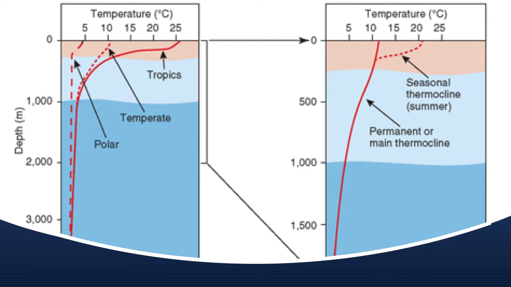Now, temperate zone in the left-hand side of this graph is averaged out. So we just have this kind of intermediary line. But if we look at the right side of this graph, we can see what's really going on. And that's that we have seasonal differences.